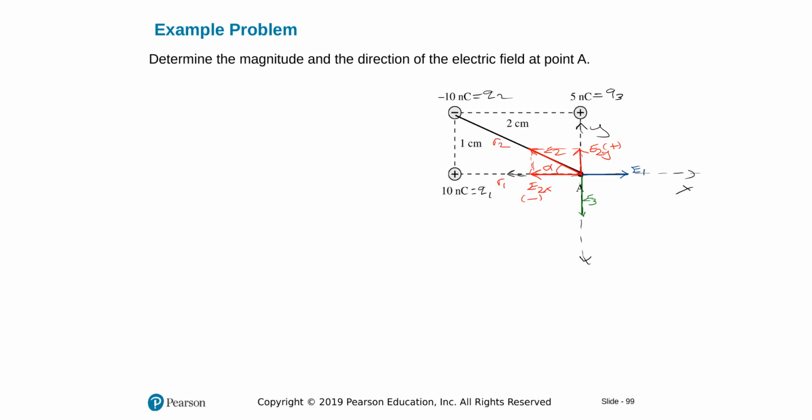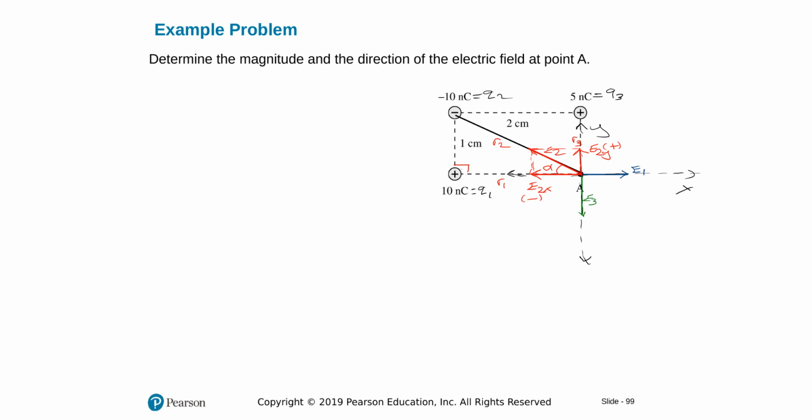We'll calculate that using this triangle here, which is a right triangle. We have 90 degrees there. And we also calculate this angle alpha using this triangle. And charge 3 has a distance R3 over here. It's also known as 1 centimeter.